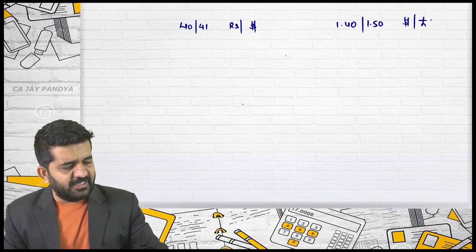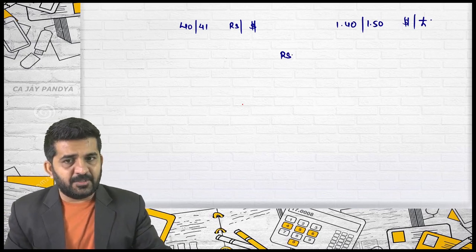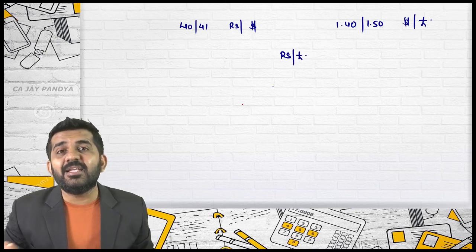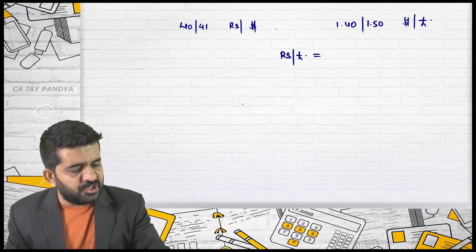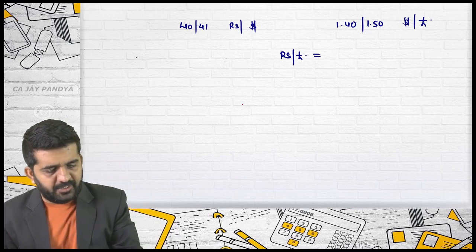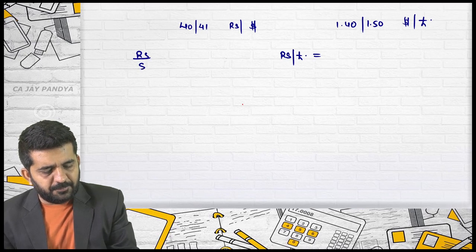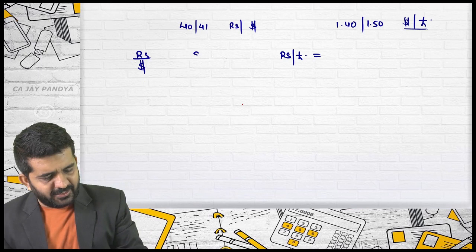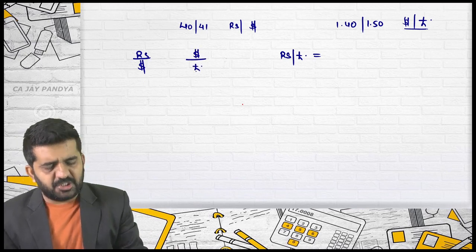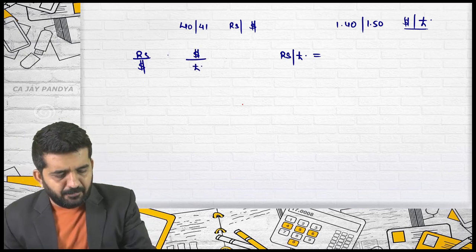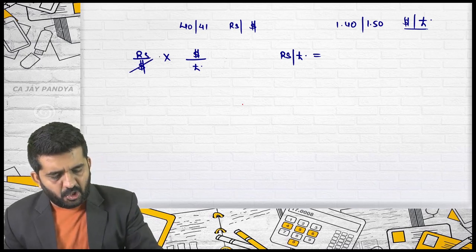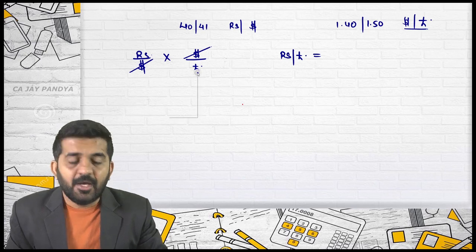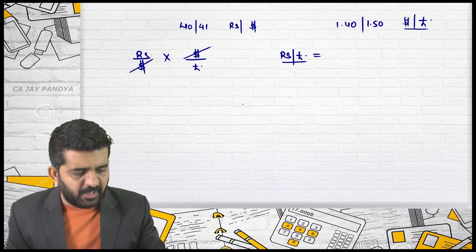If someone tells me to find rupees per pound, I can easily find this answer by just multiplying these two rates. How? Rupees per dollar is this rate, and this rate is dollar per pound. Now if I multiply these two rates, dollar will get cancelled. What will remain is rupees per pound, which is required.